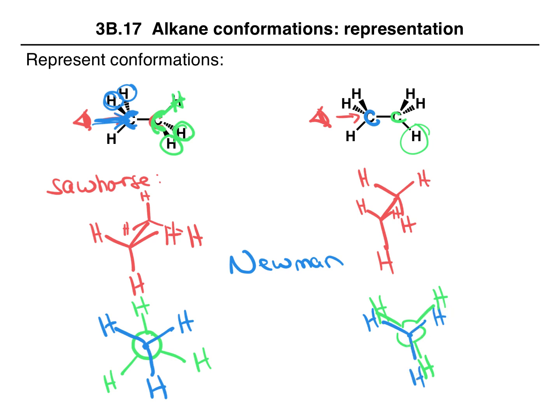Okay, this CH bond is aligned exactly on top of this CH bond. Whereas over here, this front CH bond exactly bisects the angle between these two back CH bonds. So here our CH bond is in the middle of the CH bonds behind. Here, our front CH bond is exactly overlapping with the back CH bond. This first one is called a staggered conformation, and the second one is eclipsed.